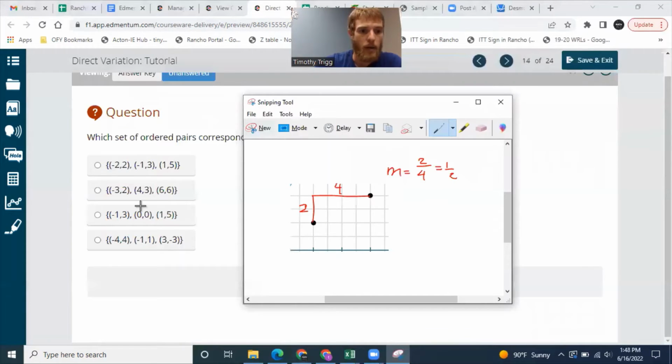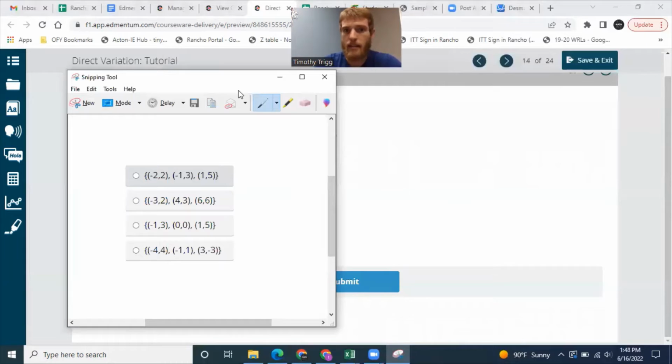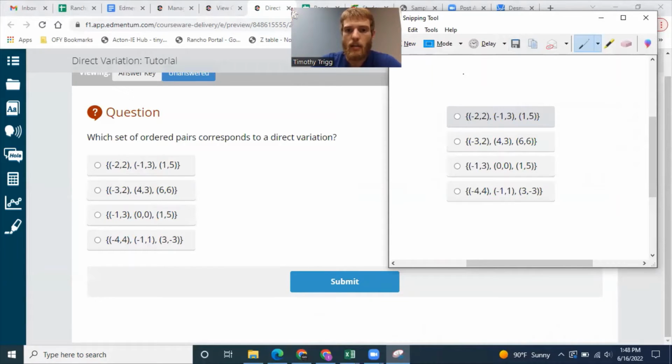One way to think about it, and this helps me, is that direct variation is always written as y equals mx. The b is always 0 for direct variation, so you don't have to put the plus b. They may also write it as y equals kx, where k is some constant.